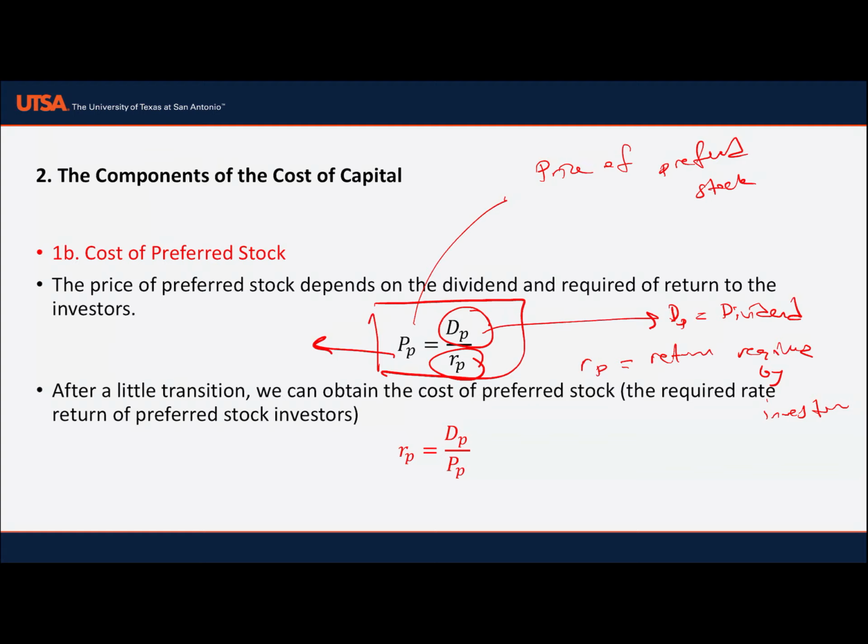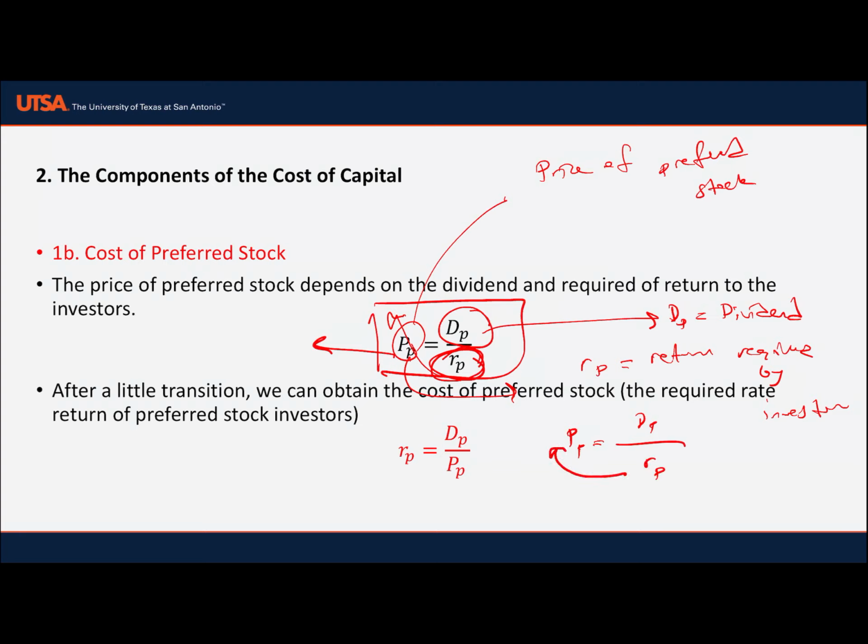So how can we find the required return for preferred stock? We use simple math manipulation. You just transfer R_P here and price of preferred stock here. As you see, P, price of preferred stock, is equal to dividend paid divided by return required.